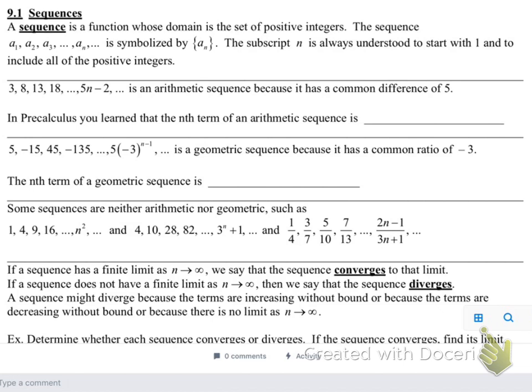You can think of those n values as the x values in an xy table and the sequence as a set of y values.